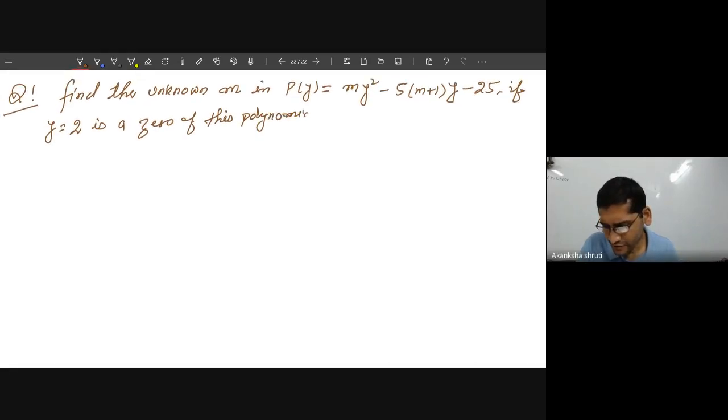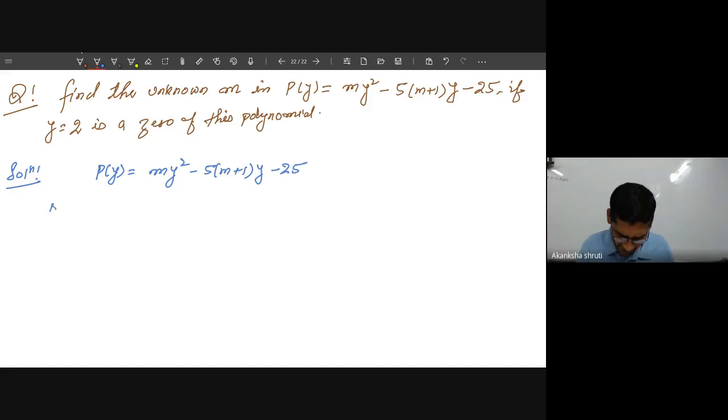Yes, students, please calculate this. Again, it is very easy. Whatever the given polynomial is, you have to write it in terms of the variable y. So m y square minus 5m plus 1 into y minus 25. Now, what is given?